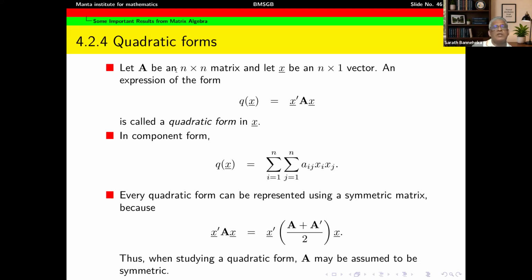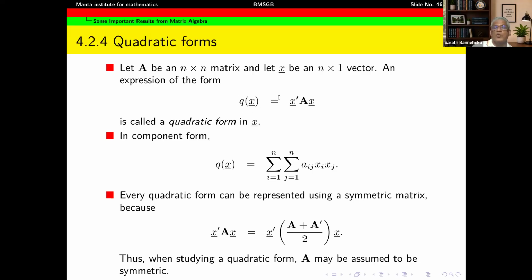Let A be an n by n matrix and let X be an n by 1 vector. An expression of the form x transpose Ax is called a quadratic form in X. We will denote it by Qx, Q to denote the quadratic form, and it's a function of X. So that's why we denote it by Qx.